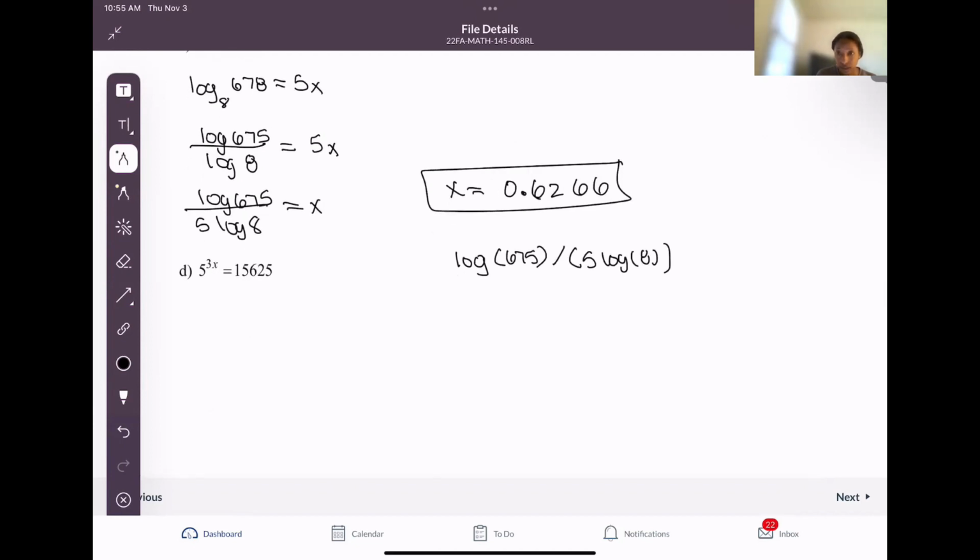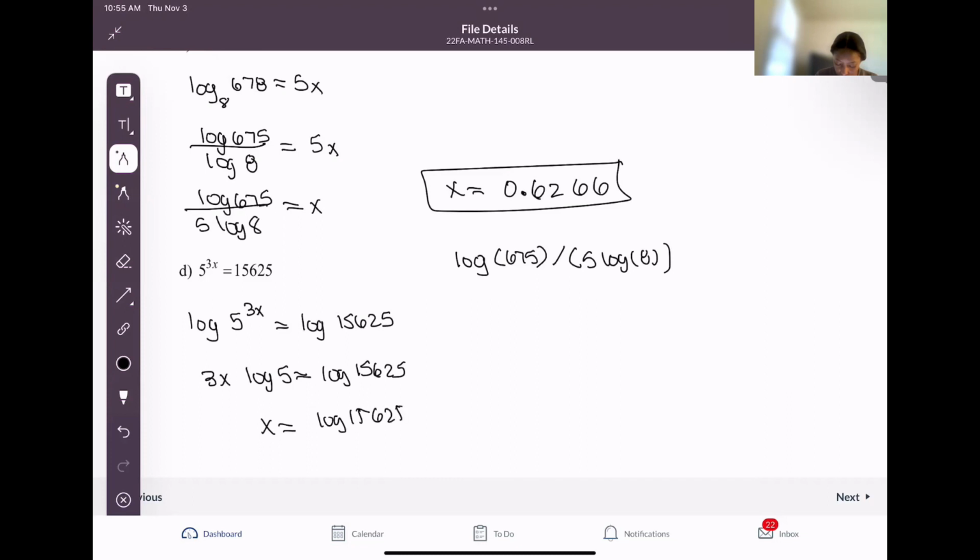All right, and for the last one, someone got x equals 2. I hadn't even scrolled up enough to solve this one, so let's try it. If we take the log of both sides, this is using method 1. Log of 5 to the 3x power is log of 15,625. Then 3x times log of 5 equals log of 15,625. And then if we divide, x is equal to log of 15,625 divided by log of 5.